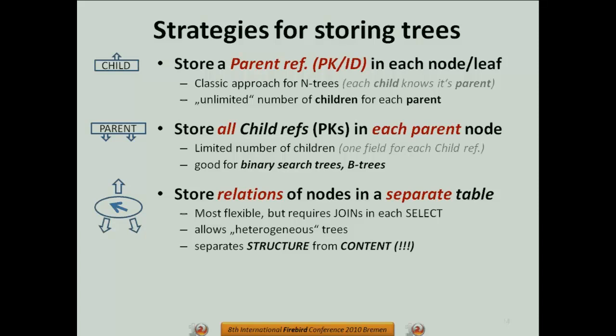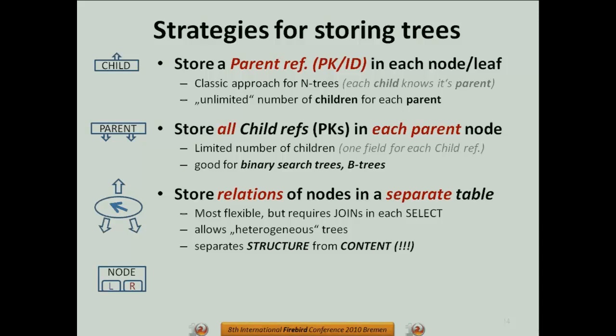And this is one killer argument for me, you actually separate the structure of the tree from the content of the tree. You don't have the structure of the tree inside the table where your tree data lies, but you have it somewhere else, which makes it pretty easy to have the same data participate in several trees at the same time, which is pretty hard when you have the fields right in the records.